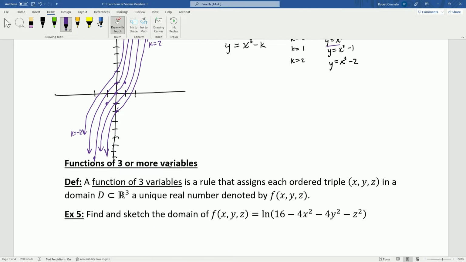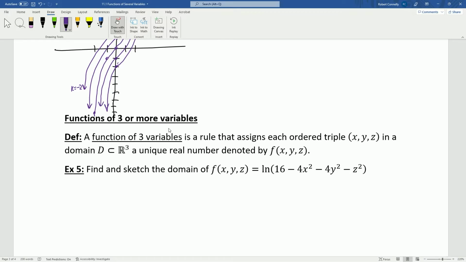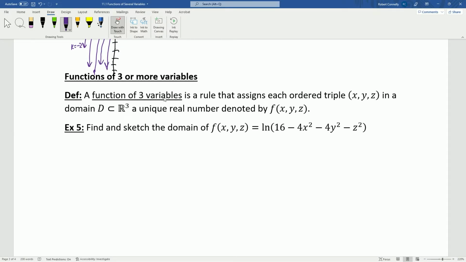Okay, so let's take a look at functions of 3 or more variables now. A function of 3 variables is just a rule that assigns each ordered triple x, y, z in a domain D, which is a subset of R3, a unique real number denoted by f of x, y, z.